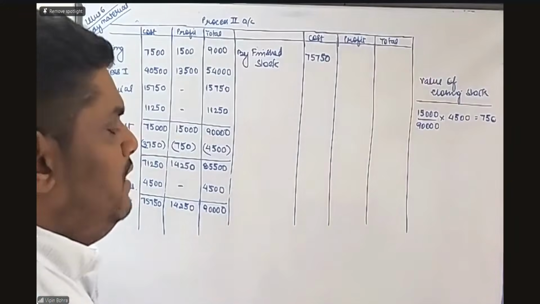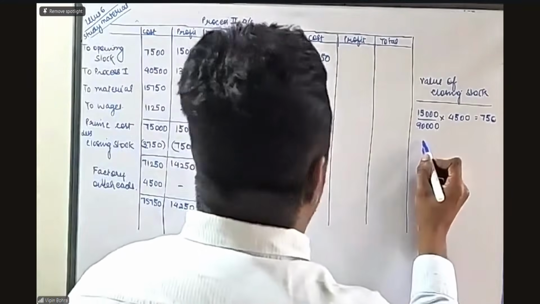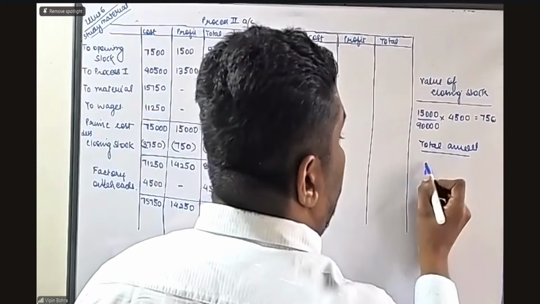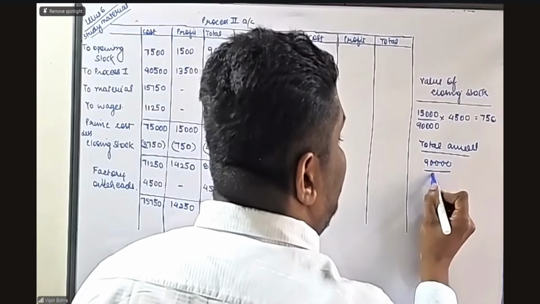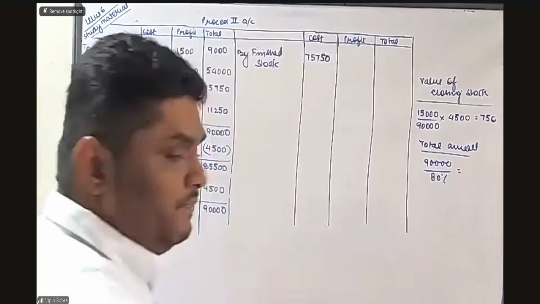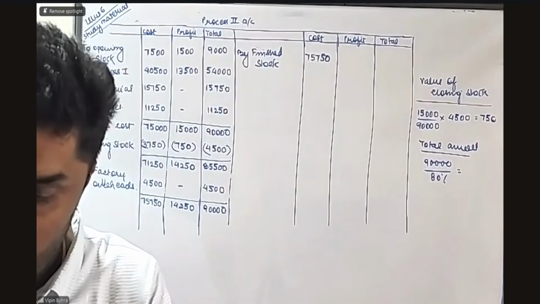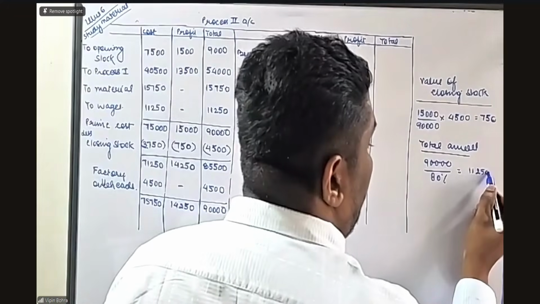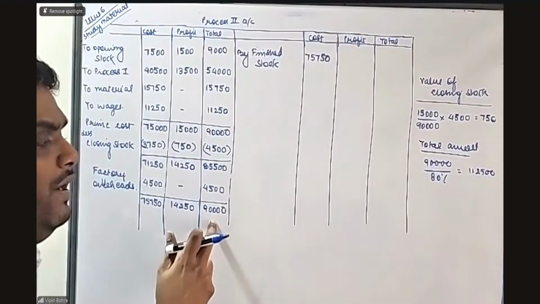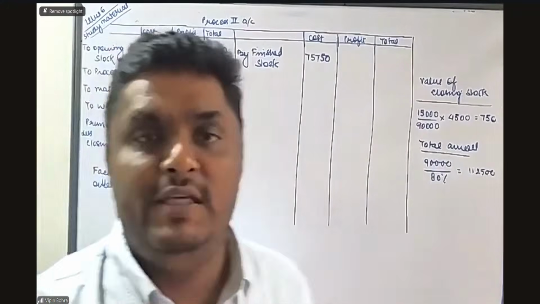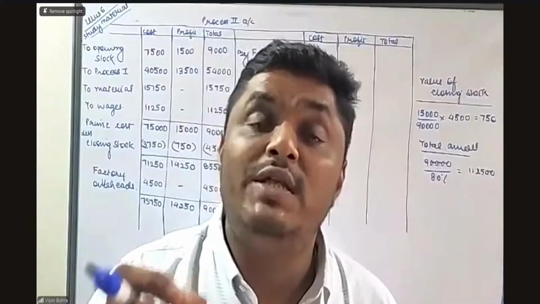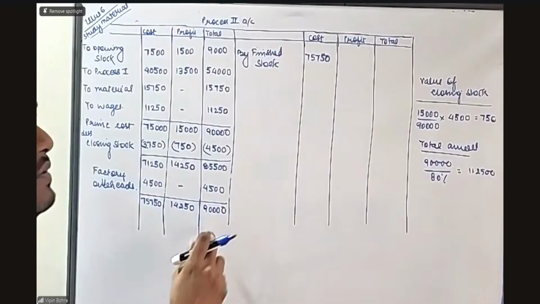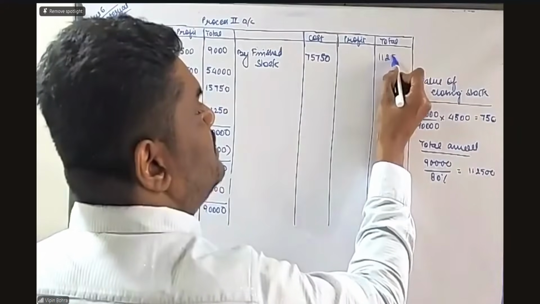So how much will be the total? Very important, when talking about the total amount, it is 90,000 divided by 80%. That is 1,12,500. This profit is to be calculated on 90,000, not 75,750, because 75,750 is the cost to the company. But from process second perspective, they are concerned about 90,000. So this will be 1,12,500.